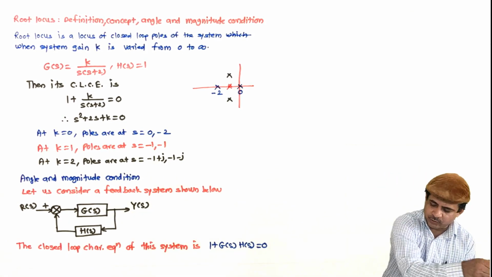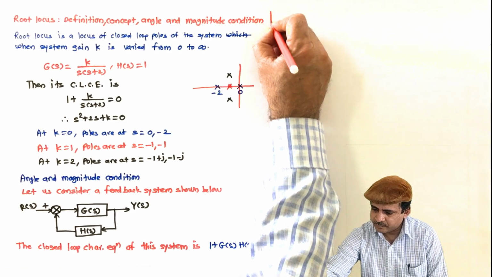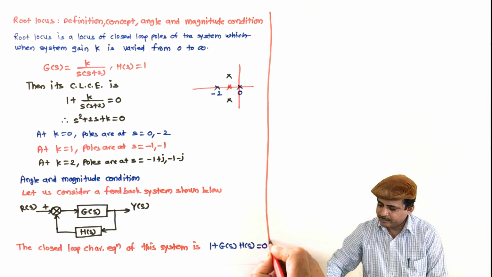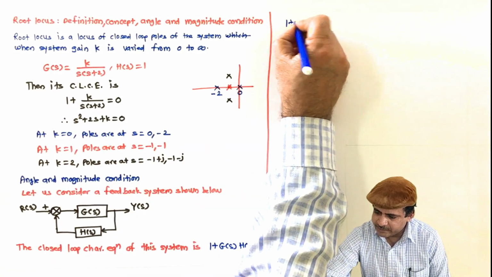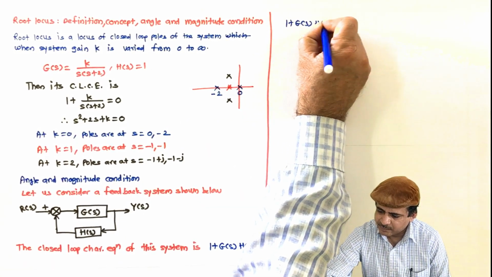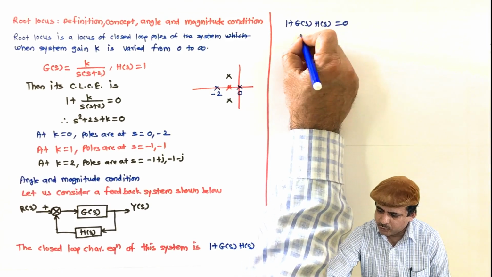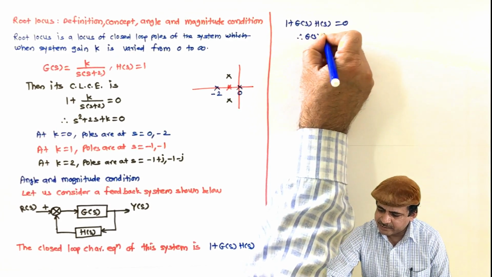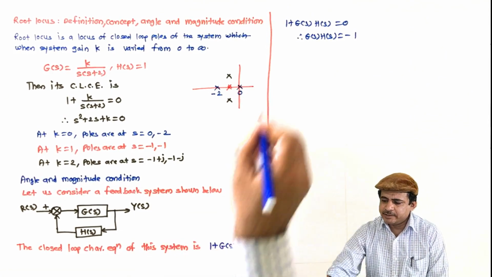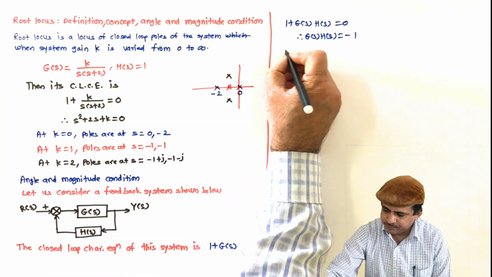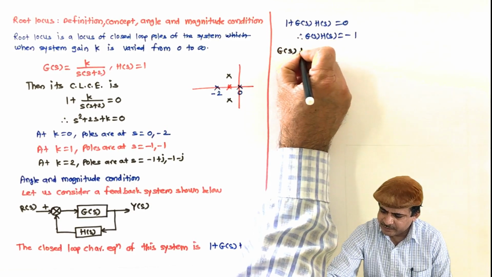Now from this, what do I get? 1 plus G(s)H(s) equal to 0. So G(s)H(s) is equal to minus 1, and G(s)H(s) is a complex quantity.